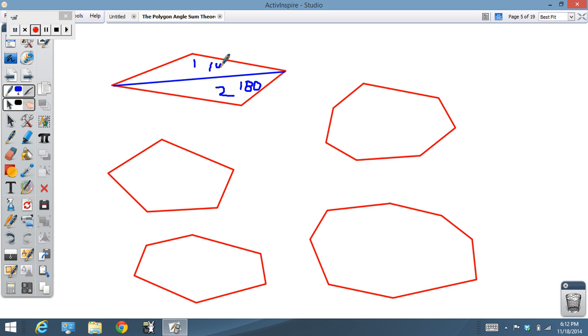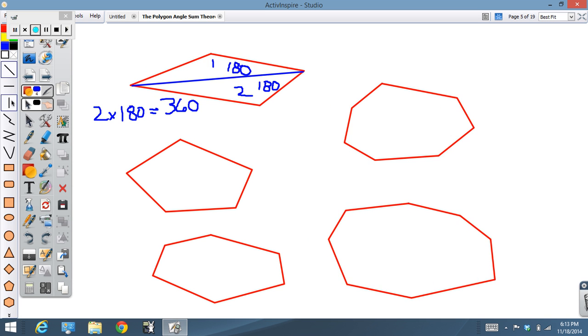Therefore, 180 plus 180, the sum of those angles makes 360. Okay, so for a four-sided figure, I can draw one diagonal, split it into 2 triangles, and those 2 triangles end up looking like this. 2 times 180 add up to 360.